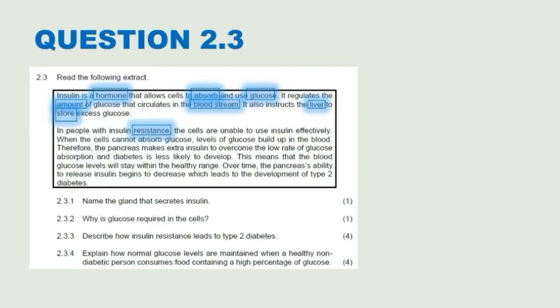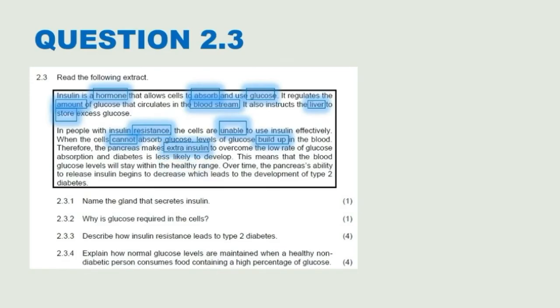So in people with insulin resistance, meaning people who produce or secrete insulin but are resistant to it, the body doesn't react to the insulin. So in people with insulin resistance, the cells are unable to use insulin efficiently. When the cells cannot absorb glucose, the levels of glucose in the blood will build up.